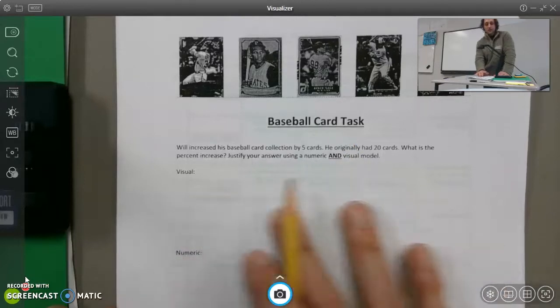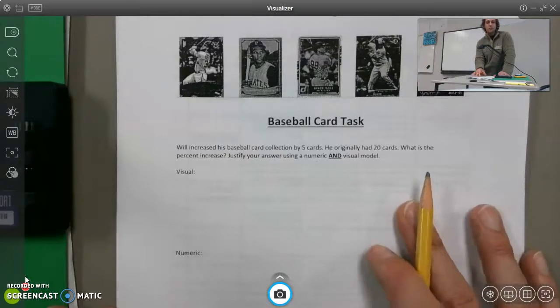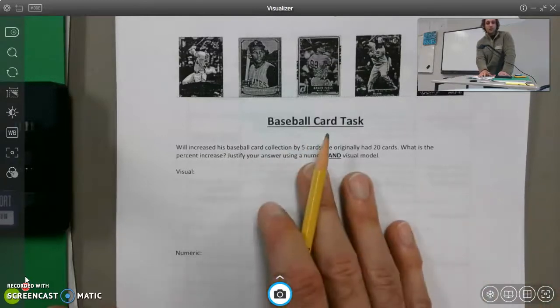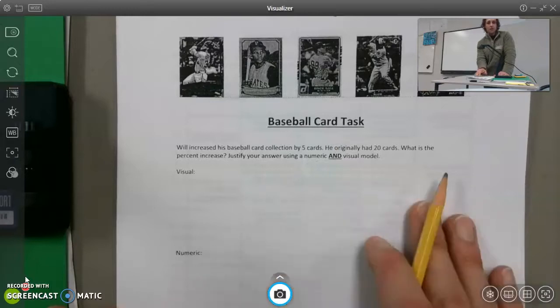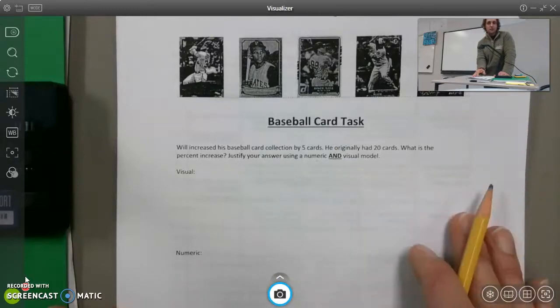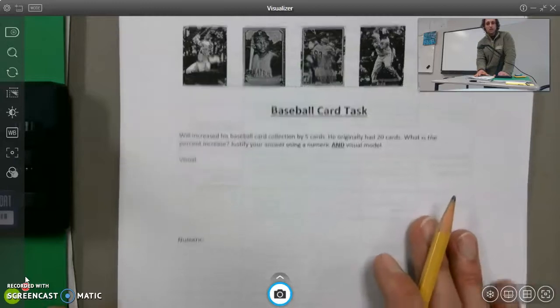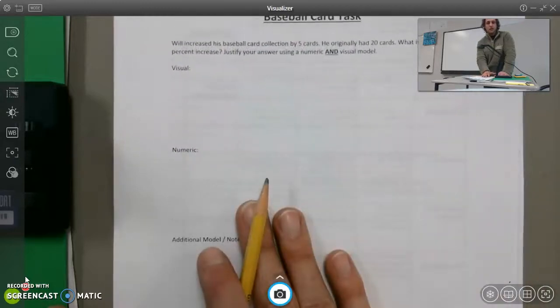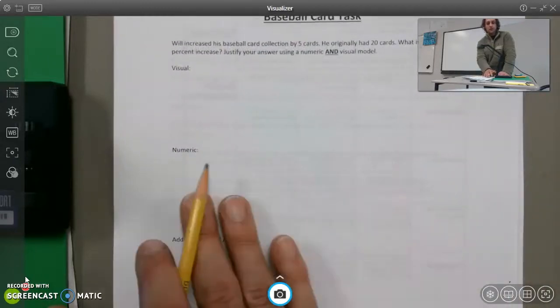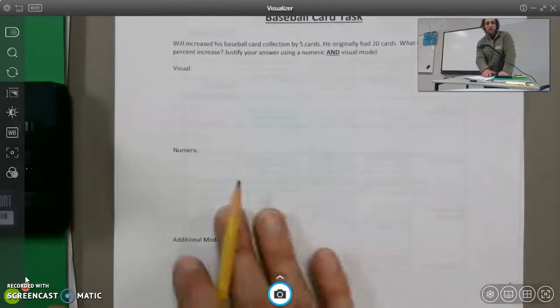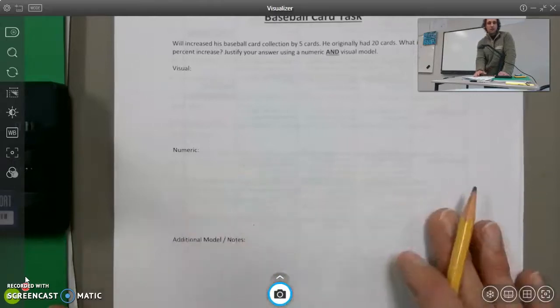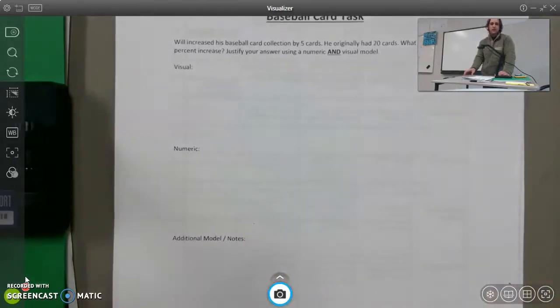So in this space, I'd like you to draw some kind of model for what's happening in the situation, and use that model to decide by what percent his card collection increased. And then come down here and use a numeric model, and decide by what percent his card collection increased using some kind of expression.